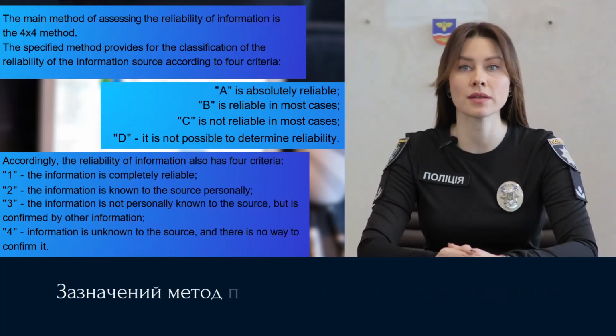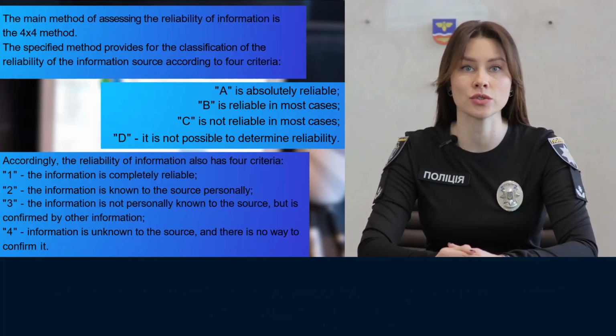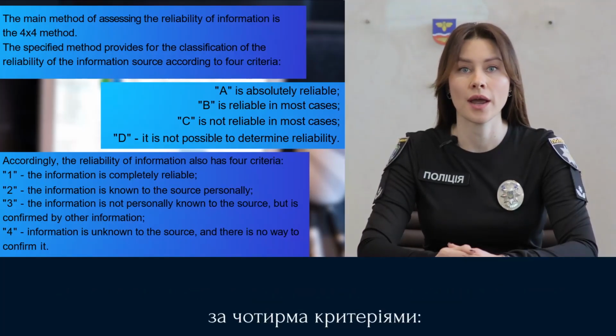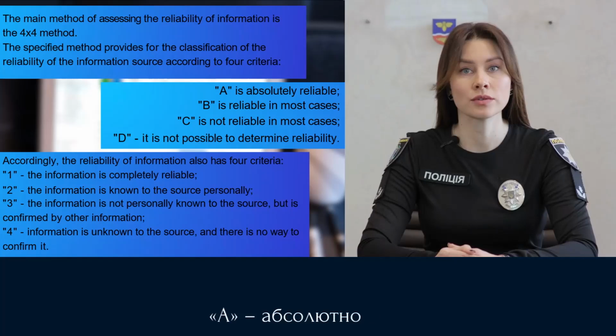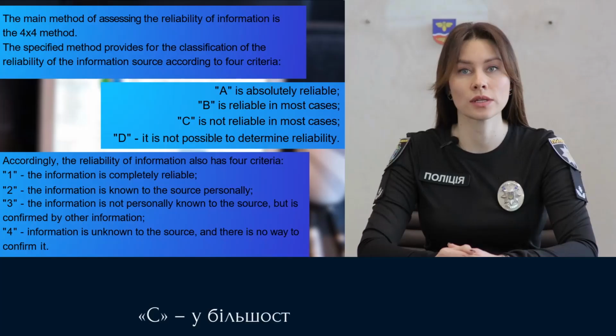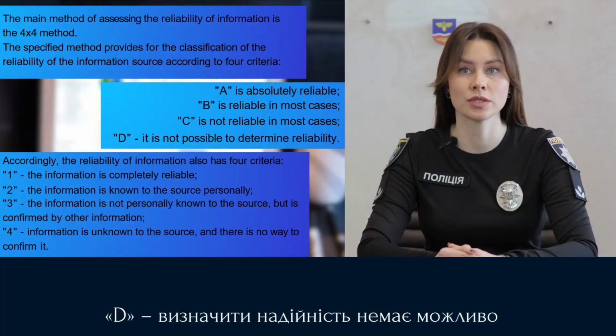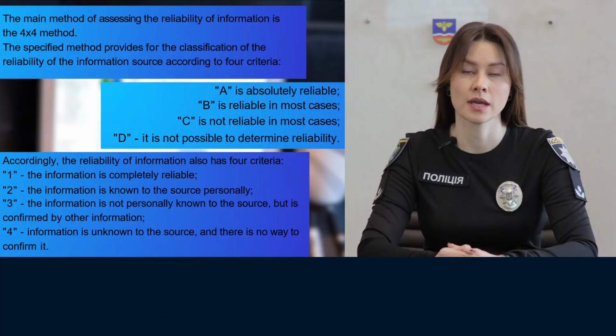The specific method provides for the classification of the reliability of the information sources according to 4 criteria. A is absolutely reliable, B is reliable in most cases, C is not reliable in most cases, and last category D, it's not possible to determine reliability.